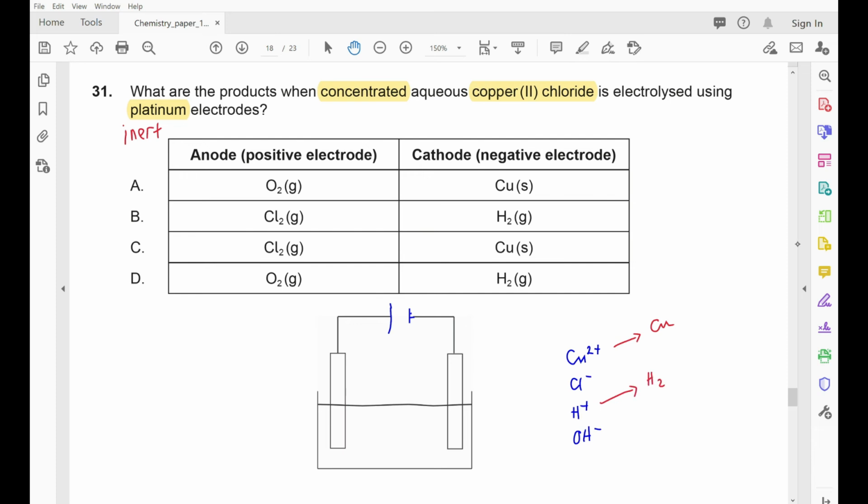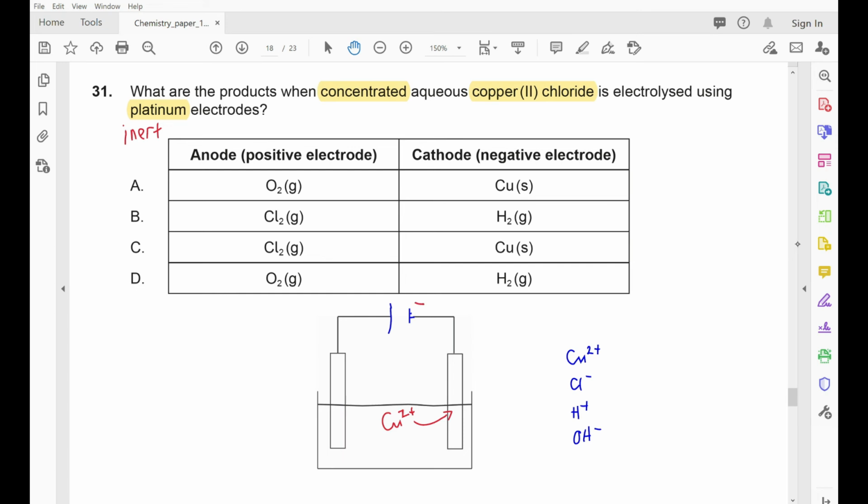So we compare the reactivity of the two products. The one that is more stable or less reactive is the one that's going to be produced. So in this case, copper is going to be produced on the cathode.